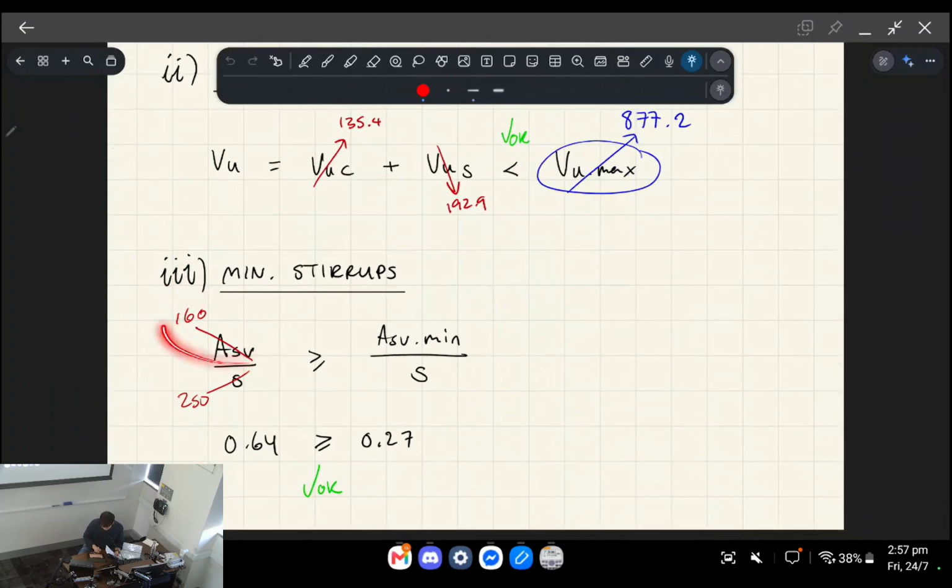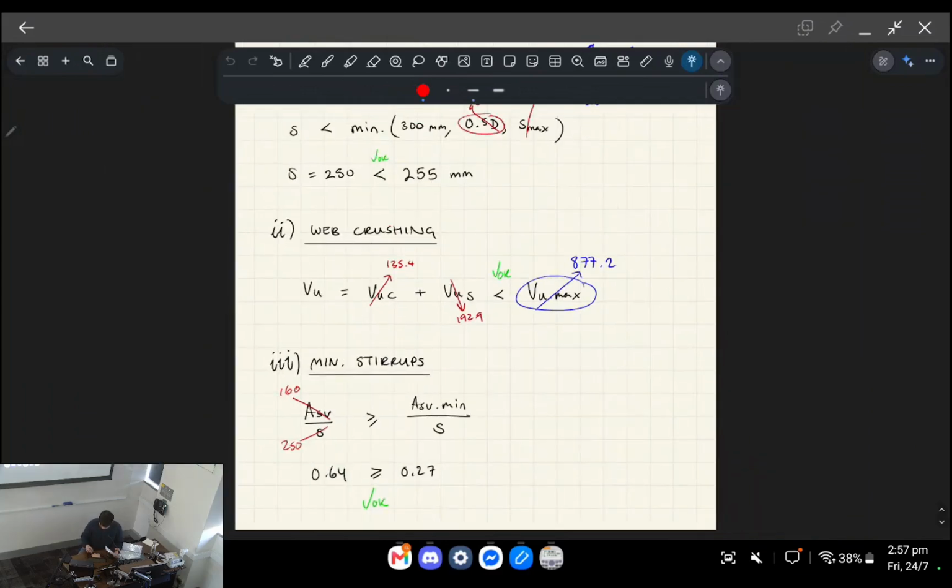The area of steel we chose for our stirrups, divided by its spacing, is greater than the minimum that was required based on that formula that we used, which ultimately gave us 0.27. So 0.64 is greater than 0.27, and therefore it's fine. That's the end of the question.